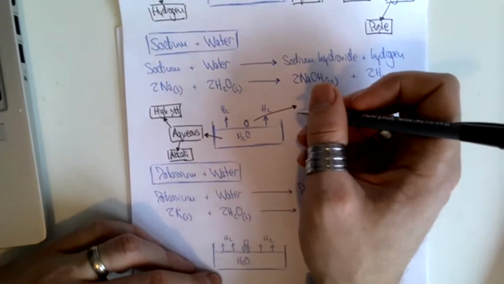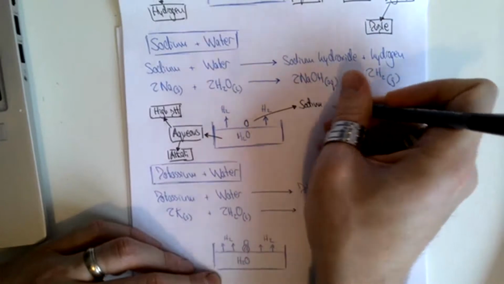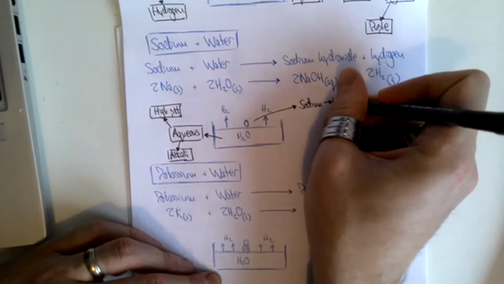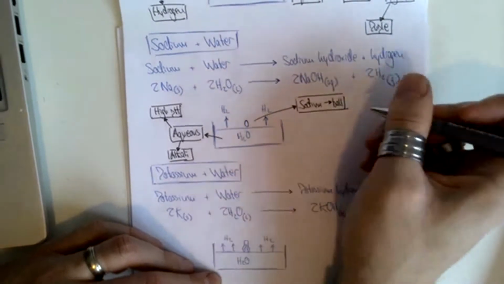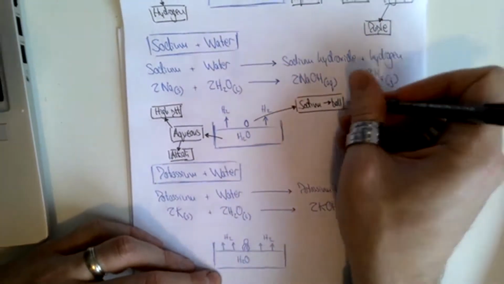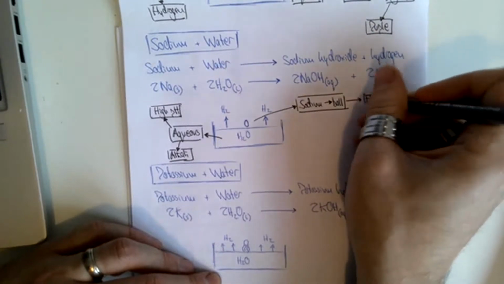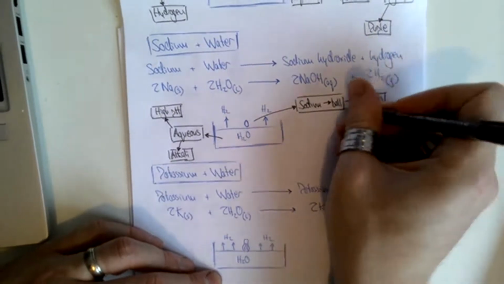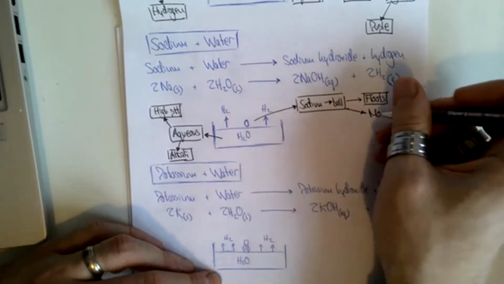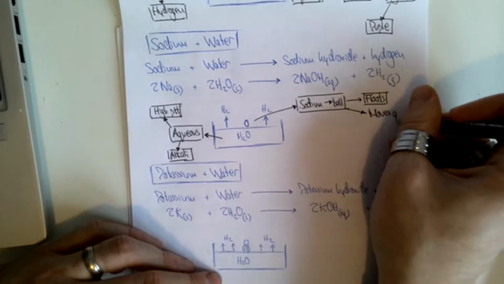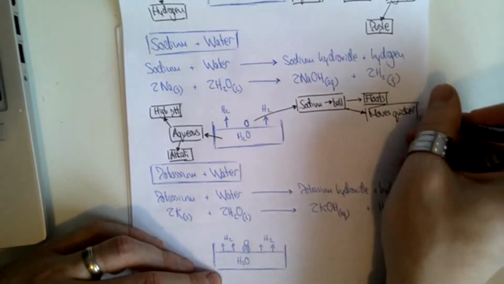Sodium actually forms and melts into a ball shape as it moves around the surface of the water and it floats. But due to the amount of gas it produces, it also moves quicker than the lithium because it's producing more gas bubbles.